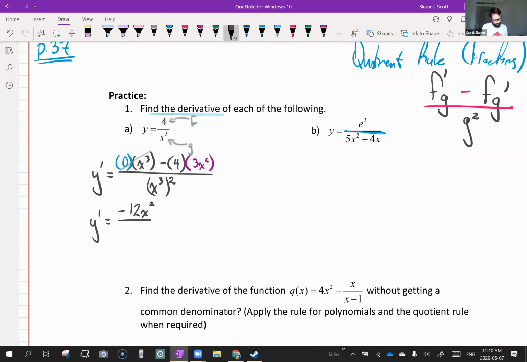And on bottom, what's that going to be? This is a little mini test. A lot of students make a mistake on this bottom piece. What's x cubed to the power of 2 is my question. A lot of students have trouble with that.